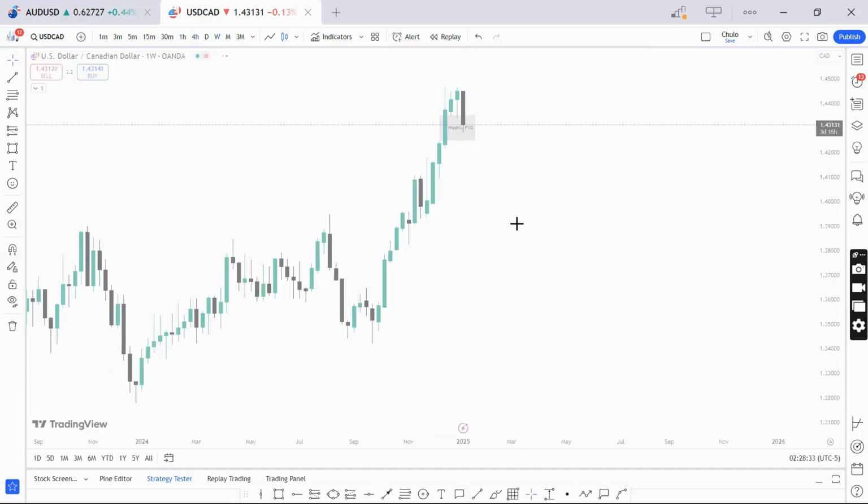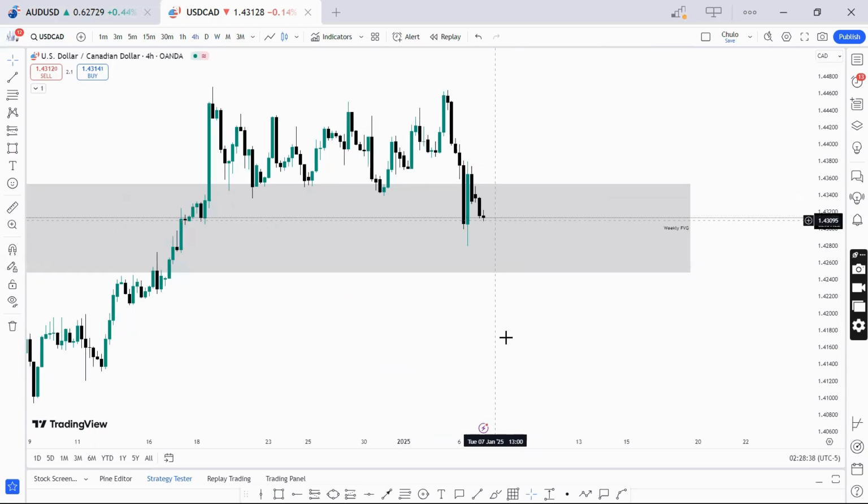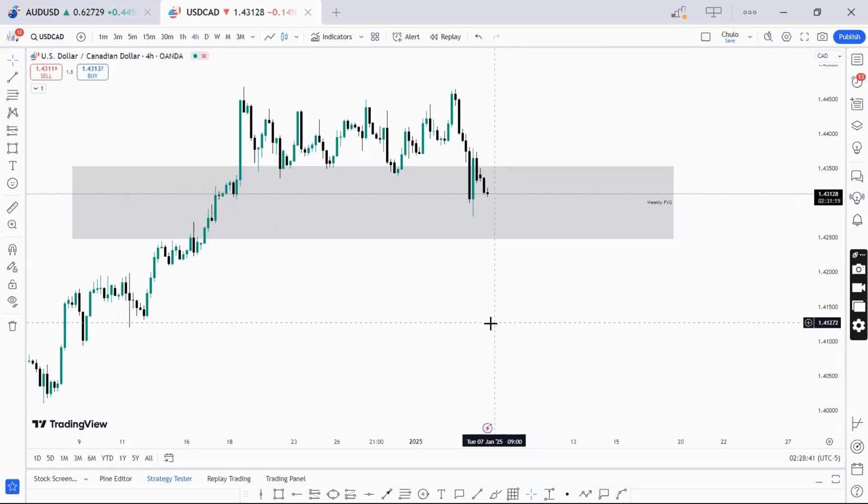So dropping down to the 4-hour time frame, let's see what we're going to get. Now here in the 4-hour, just the same thing happening on AUDUSD, NZDUSD. We still have that same kind of structure here. So just have to wait patiently. Price has created this low.